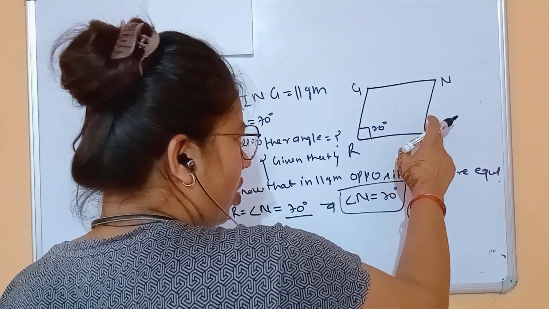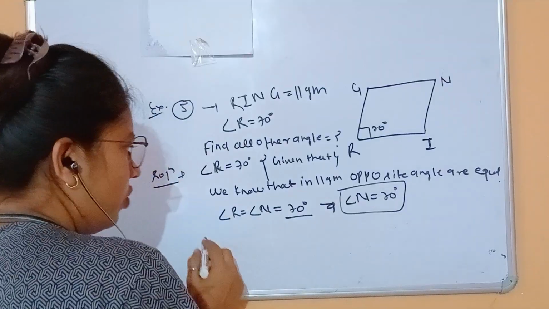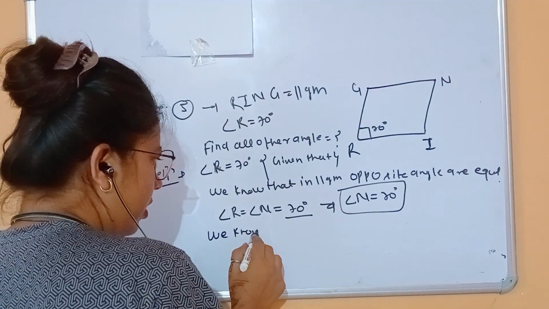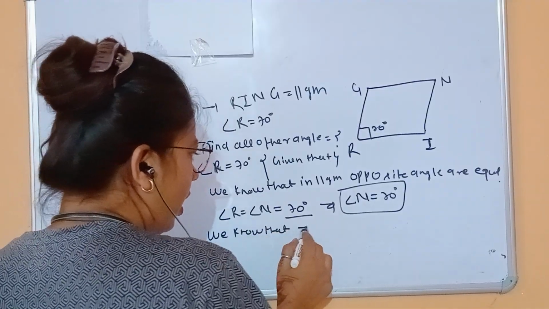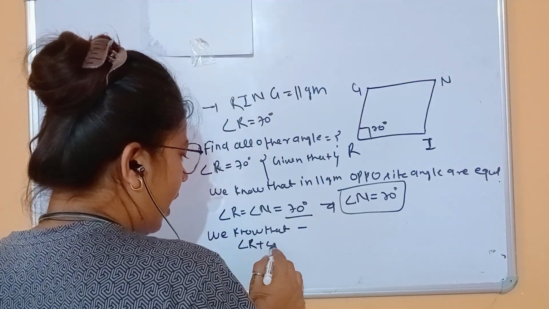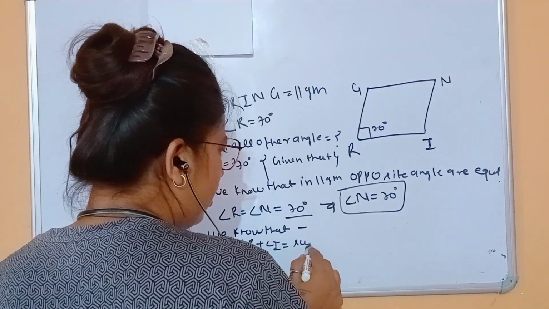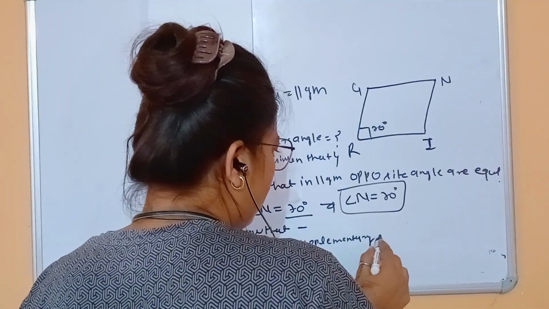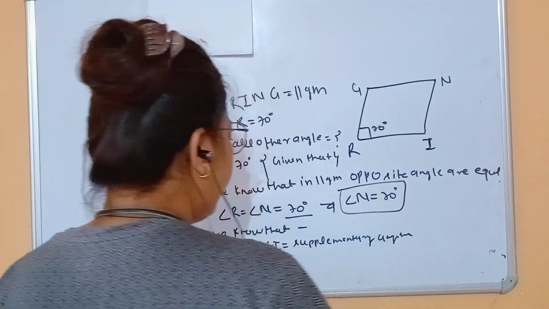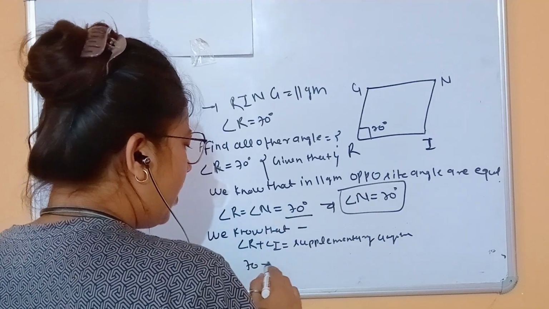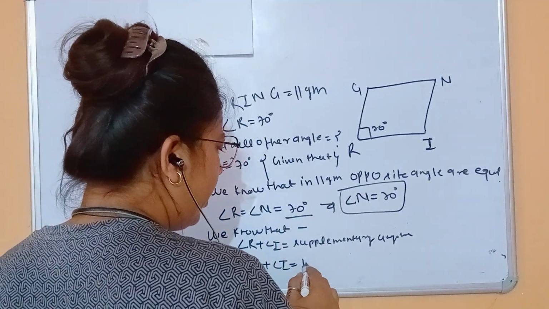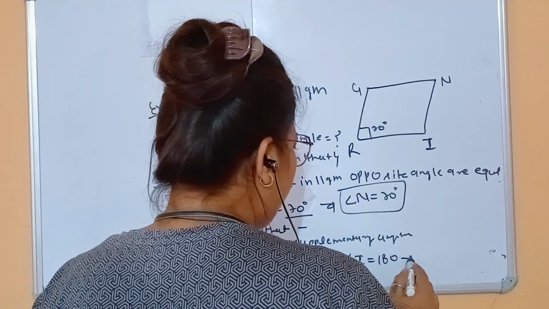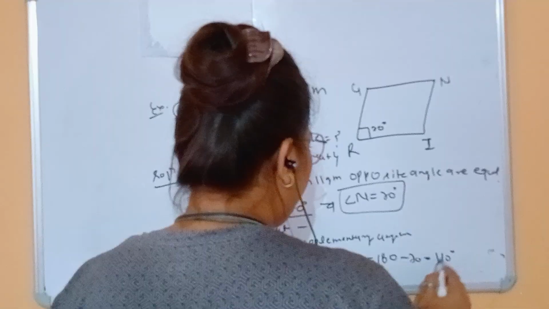We know that angle R plus angle I is a supplementary angle, that means 180 degrees. So angle R is 70 degrees plus angle I equals 180 degrees. So angle I is equal to 180 minus 70, which is 110 degrees.